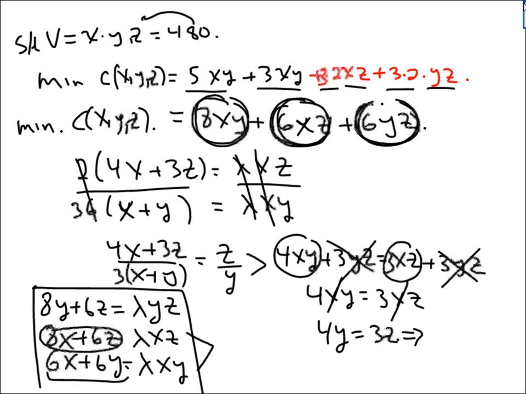Dividing by 3, that tells me z is 4/3 y. So if I only knew z or y, I could know the other. If y was 1, then z is 4/3 times 1. If y equals pi over 7, z would be 4/3 times pi over 7.